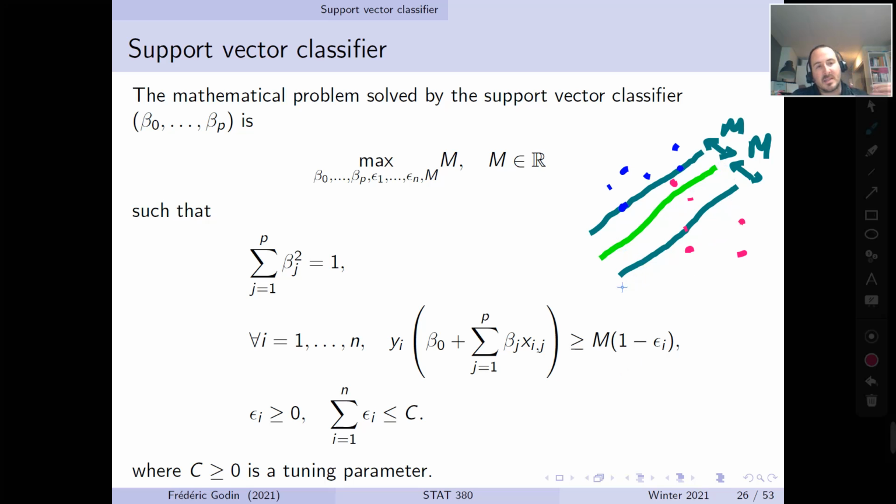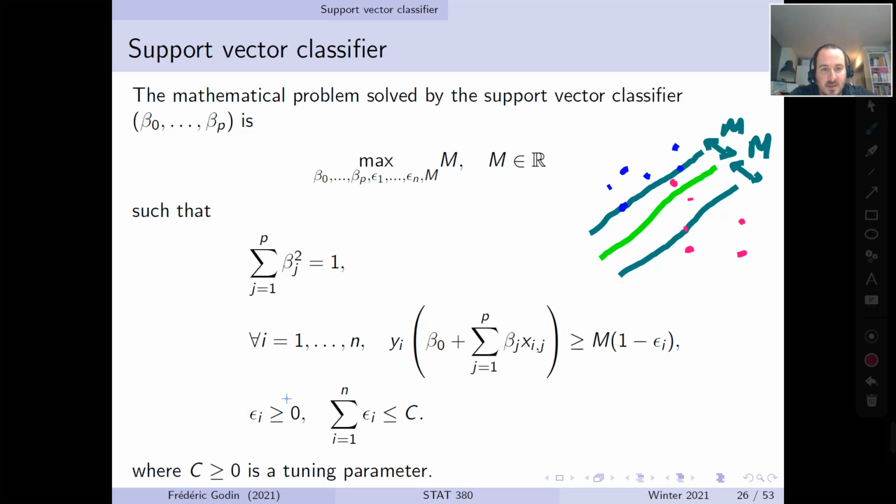But the idea, as we said, is that we don't want to allow arbitrary violations of the hyperplane. We want to limit the occurrence of these violations. So we're going to cap the epsilons.